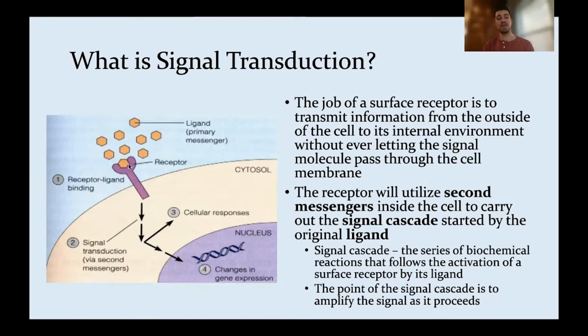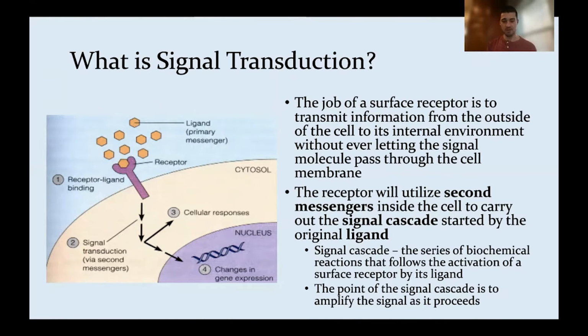The ligand stays on the outside, and when it's finished, it'll probably just dissociate from the receptor and go back into the extracellular environment, where maybe it'll be degraded or taken up by something else, but it does not go into the cell. Because it doesn't go into the cell, we have to utilize these secondary messengers, which actually carry the signal cascade. It's sort of like a relay of information from one molecule to the other. That's basically what the signal cascade is.